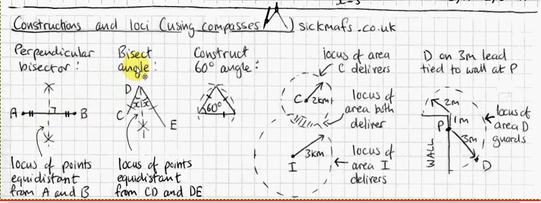Let's bisect an angle. So imagine you've got an angle here between lines CD and DE. What you need to do first to construct this, to bisect the angle by construction, is to open up your compass and put the sharp bit of your compass there. Your pencil should make two arcs, so this arc is the same distance from that corner as this one is, so don't change the width of your compass as you do this.